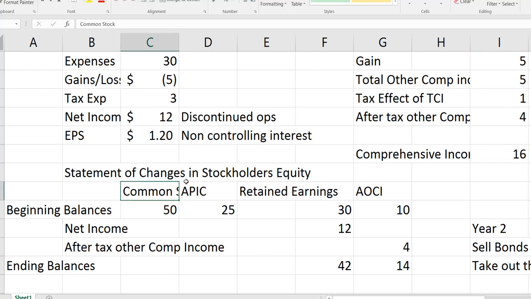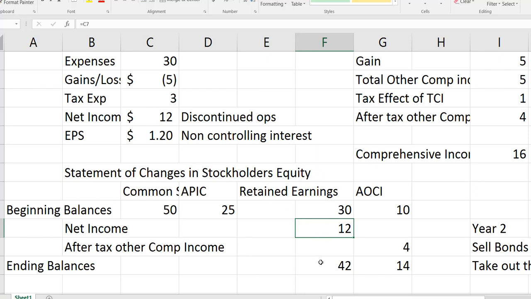This statement has a column for each of the items on our balance sheet in the stockholders' equity section. So in the stockholders' equity section of the balance sheet, we typically have common stock, additional paid-in capital, retained earnings, and now this new one, which is accumulated other comprehensive income. Now I just made up some numbers to go in here, but the net income comes from the income statement and changes retained earnings.